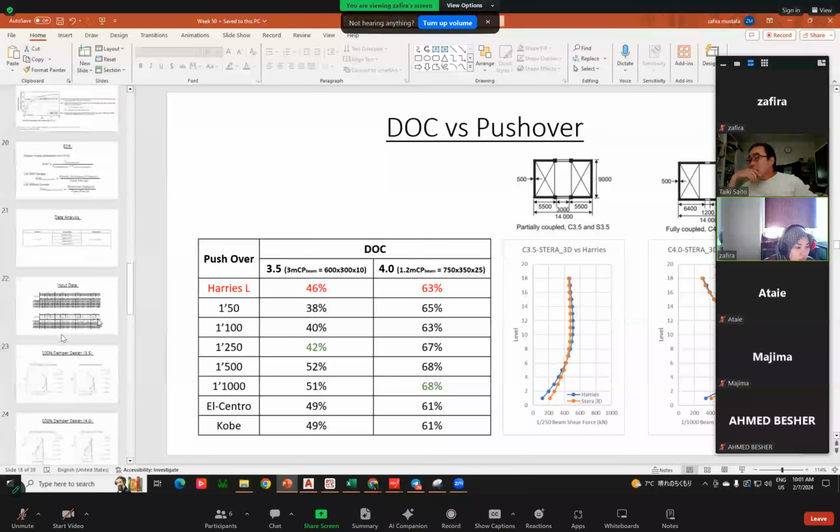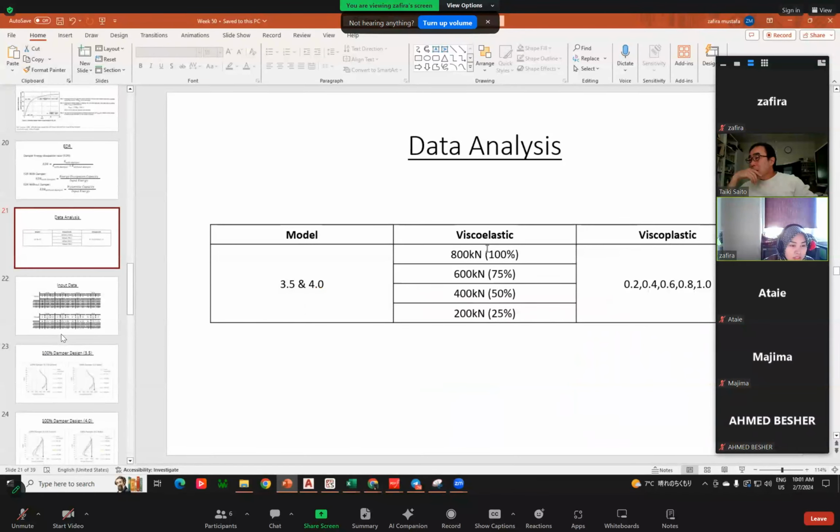So I try to fix the shear force capacity for the damper at around 800 kilonewton for 100%, and I reduce it until 25%. And then for the friction damper, for each viscoelastic I reduce it from 1 to 0.2.